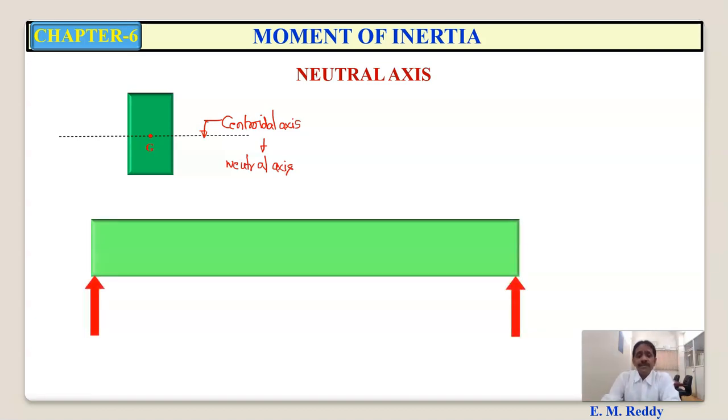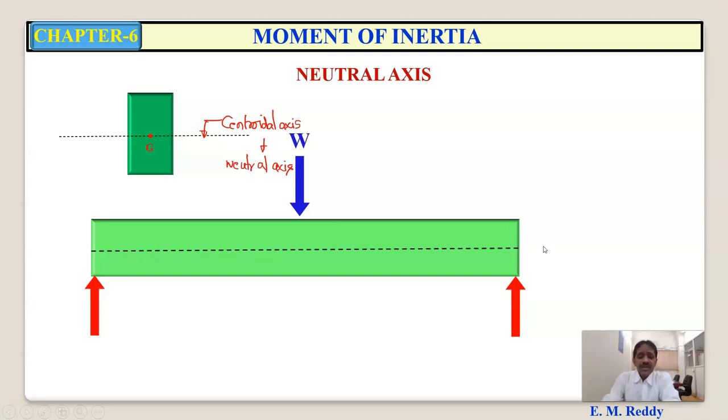Now see here, this beam is supported by two simple supports. Let load W be acting at the center of the beam. This is the neutral axis or the centroidal axis, the axis passing through the centroid of the cross section of that beam.